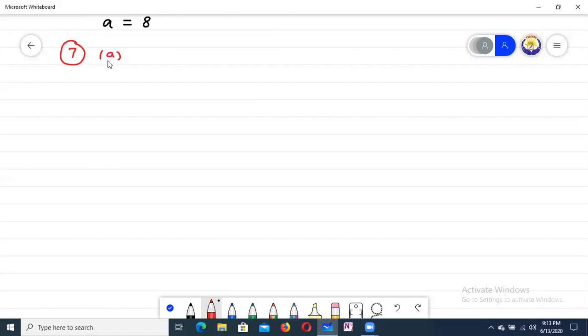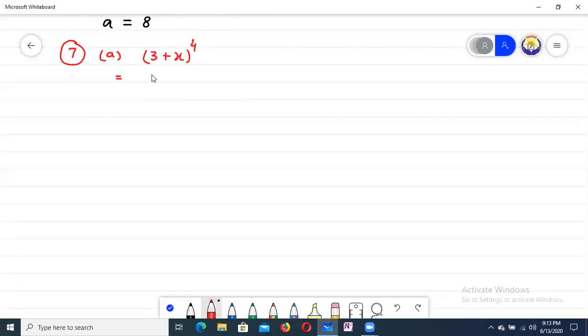Part A here is (3 plus x) raised to the power 4. First of all, we will expand this one, then we'll go to the second part, part B.